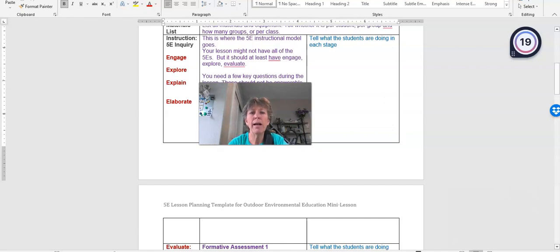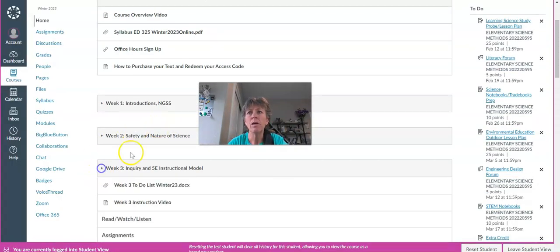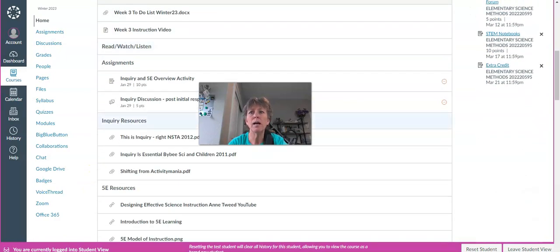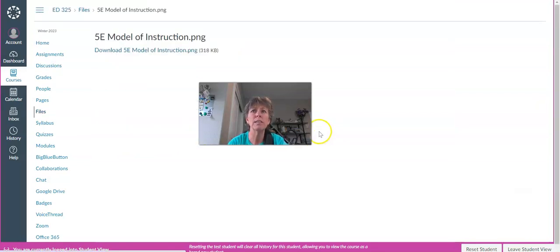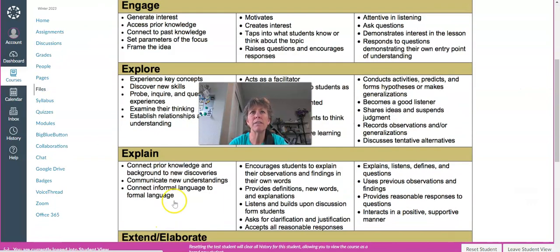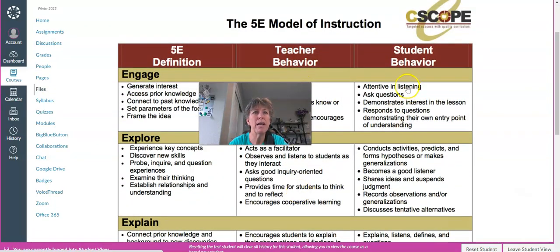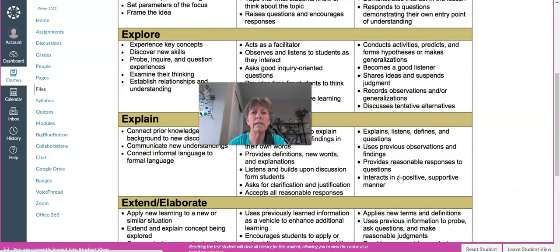And so you might have to go way back to week 3. We had some materials that address this. So particularly this one, the 5E model of instruction. This is a graphic. And so you may want to go back and look at these definitions, think about the teacher behavior, the student behavior, and try to incorporate that in your lesson as you explain your activities.